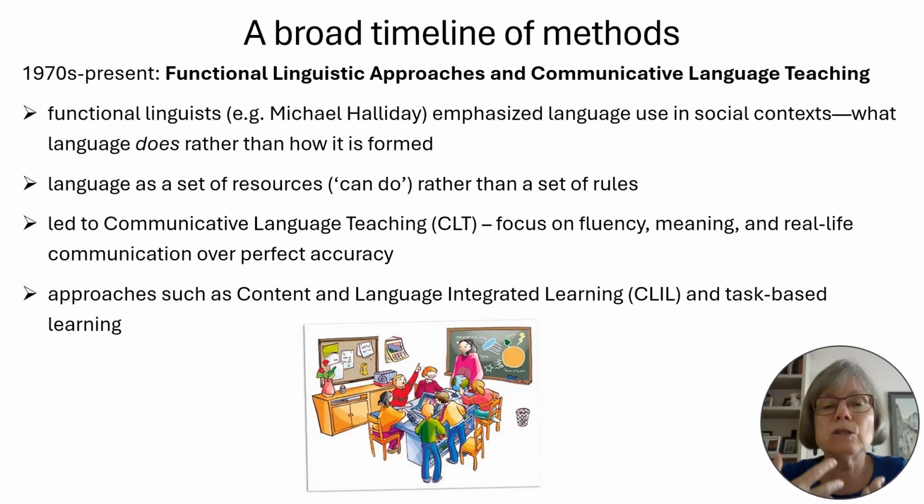So it's thinking about language as a set of resources, a can-do, rather than a set of rules. And this led to communicative language teaching, where the focus is on fluency, on meaning, on real-life communication, not being perfectly rule-formed. And this led to approaches also such as content and language integrated learning, or CLIL, and task-based learning.